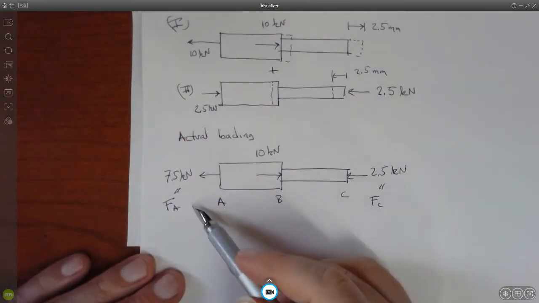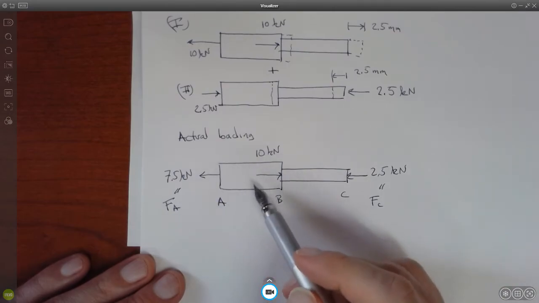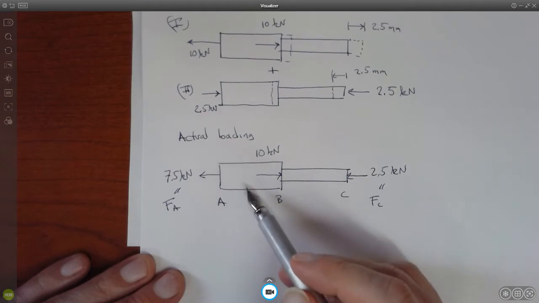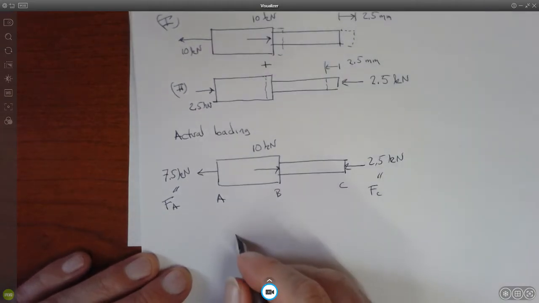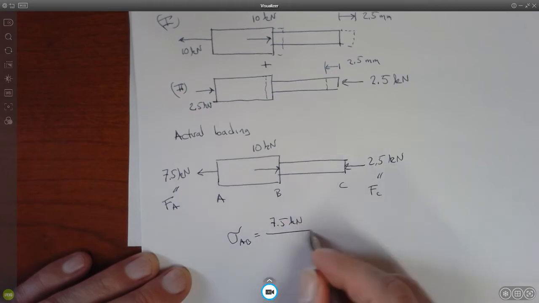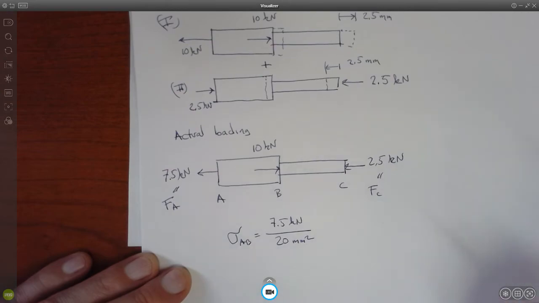All right, and now you know what those reaction forces are, so you can go back and figure out the stresses, right? So the stress in AB would be the 7.5 kilonewtons over the cross-sectional area, right? So the stress in section AB would equal that 7.5 kilonewtons over the 20 millimeters squared, right?